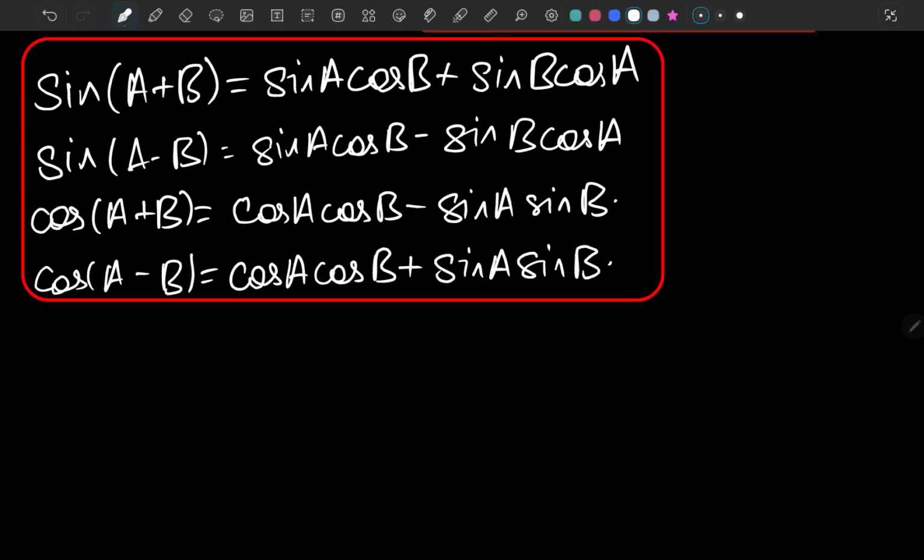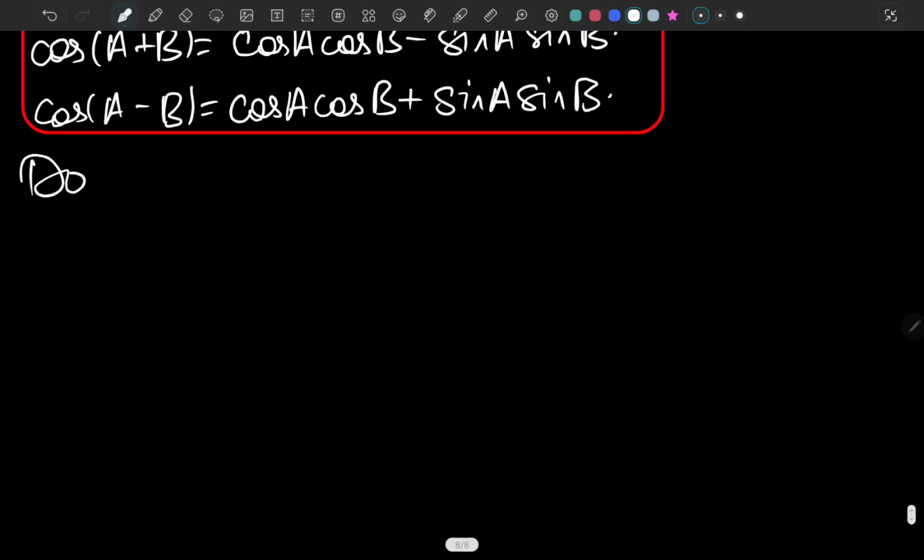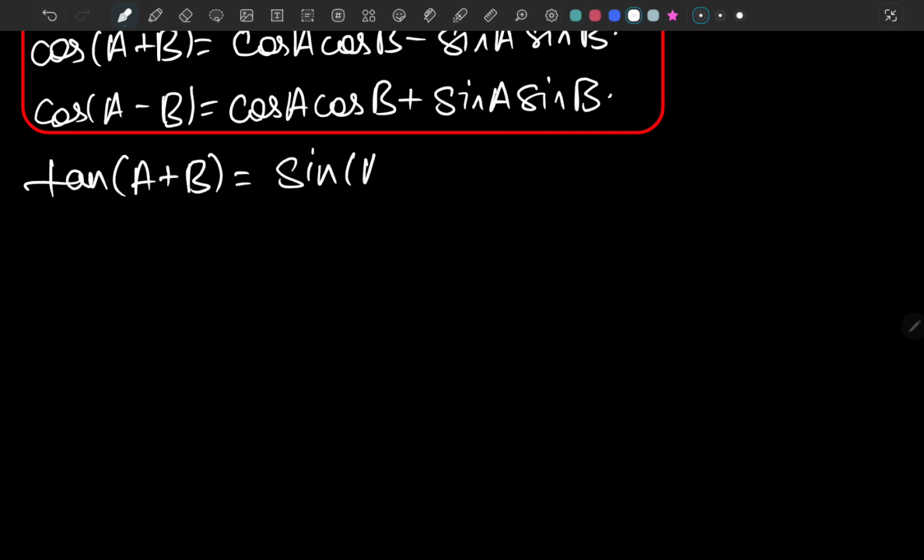And now, using these 4 things, let's talk about something different. Let's introduce tangent of a plus b as well. Tangent of a plus b equals the ratio of sine over cosine, so it's sine of a plus b over cosine of a plus b.